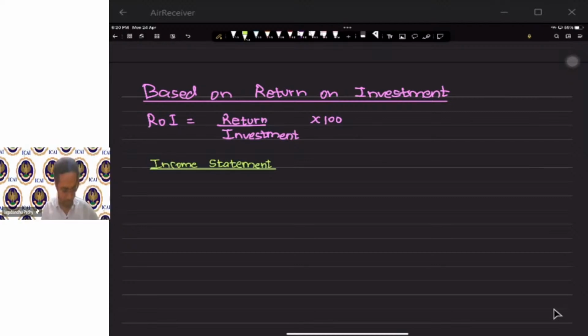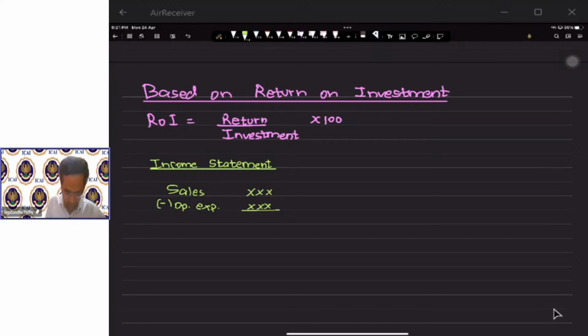The income statement begins with sales. From that we subtract all operating expenses.